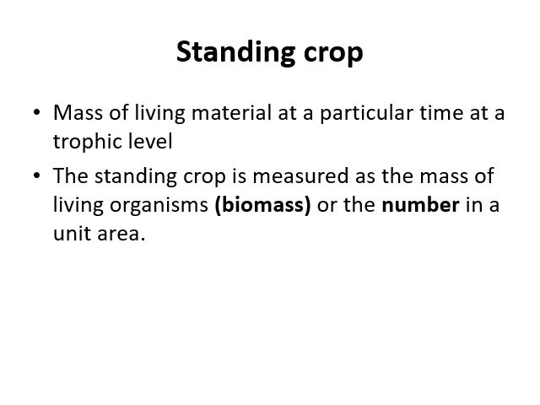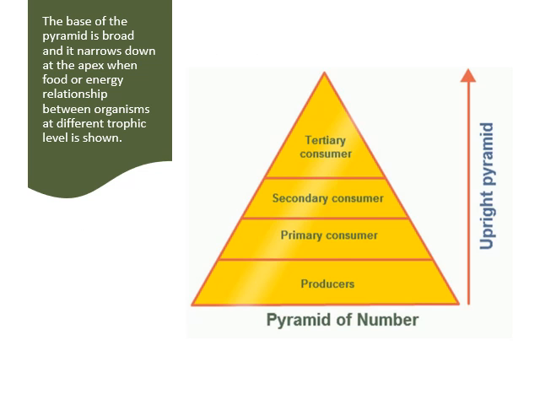When we can count the number of organisms, we measure standing crop in terms of number, and if counting is not possible, like in case of a grassland, then we measure the biomass of the crop field, the amount of plant material. Now let us see this pyramid.